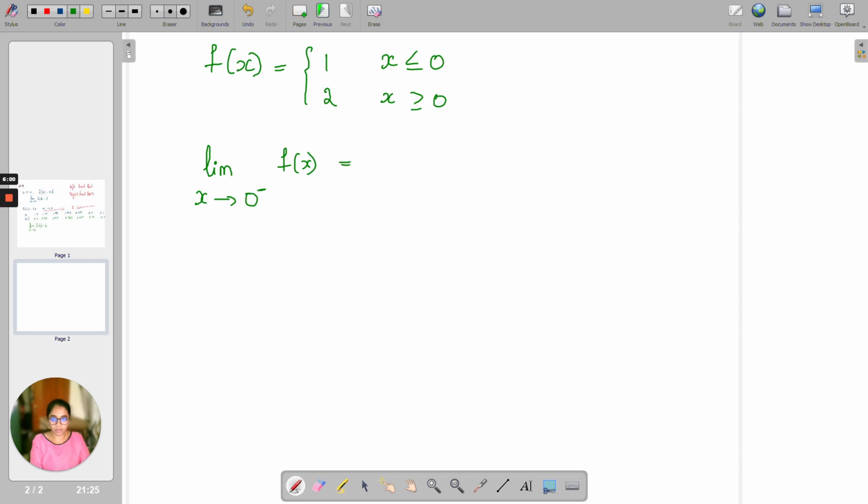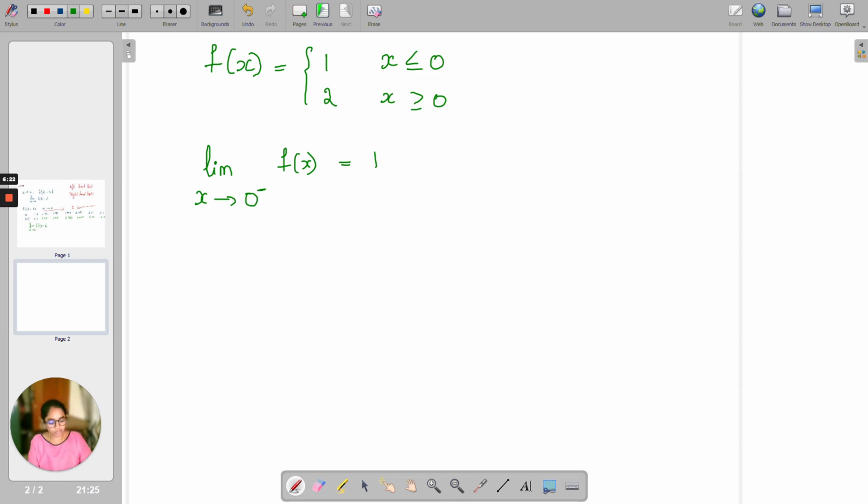What is the value of this? Isn't it 1? If we had x over here, we could have substituted x as 0. But here there is no x. It is free of the term x. So we just wrote the value, that is 1.